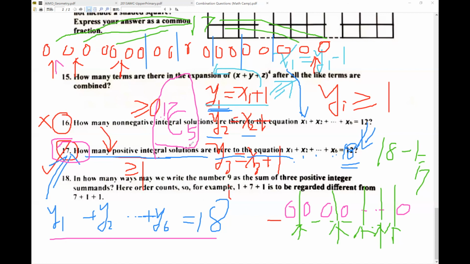So this is the solution for this question. But we already said before, this question is exactly the same as question 16. So for question 16, this is still the answer. They are equal.